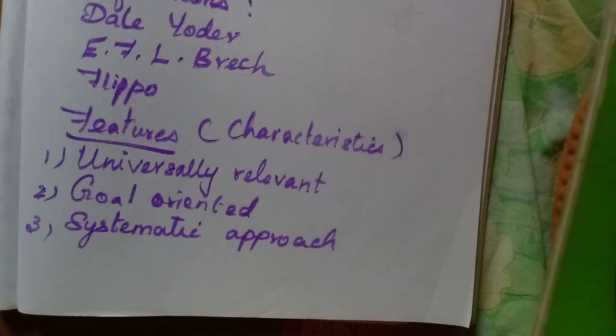Then the interview must be conducted. There are many types of interview, and all that we will learn in the next lesson. So human resource management is a systematic approach. Through a system only we can do this management.